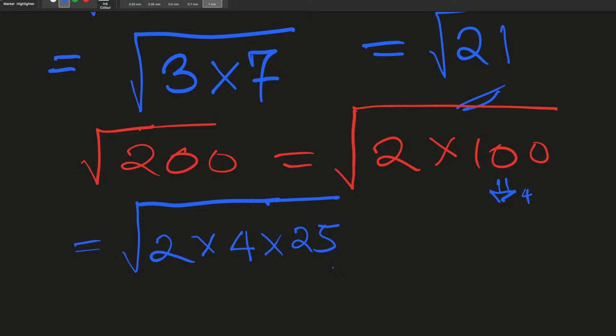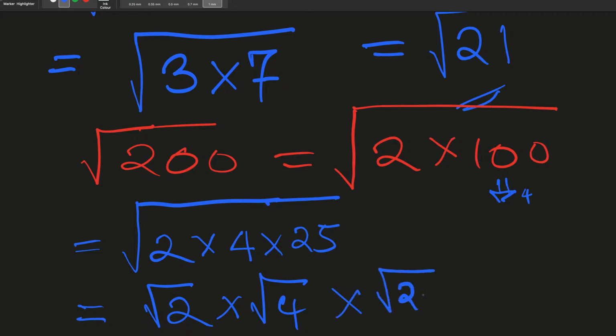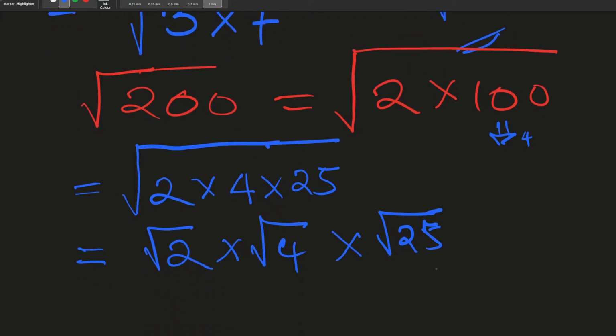Now we have to further split the values. So this is the square root of 2 multiplied by root of 4 times root of 25. You see, we haven't done anything; rather, what we have done is find the expansion.